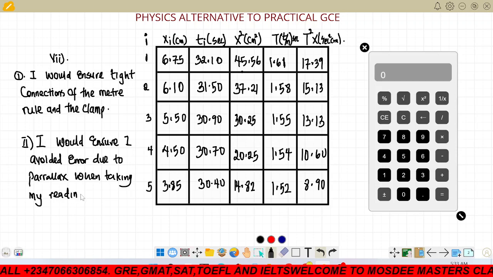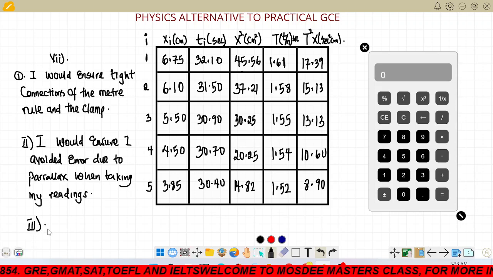That's the second one. Though you are only asked to mention 2, it is not only 2. There are a lot of precautions you can take.